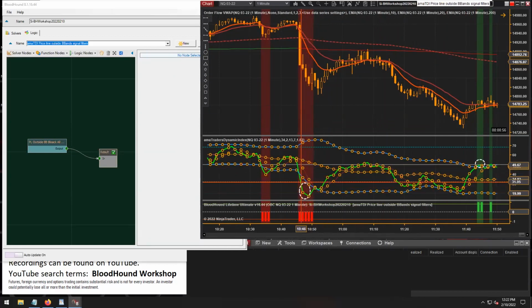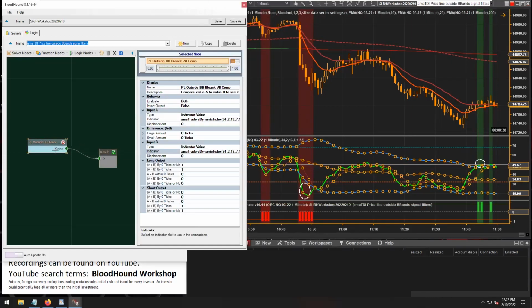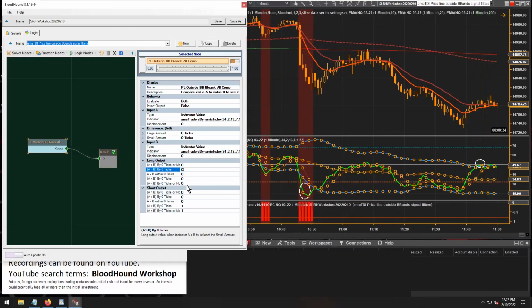And really I want the opposite. When the price line is below the lower band, I want no shorts. And the opposite over here, when the price line is above the upper band, I want no long output. So that tells me I just need to reverse my outputs like so.